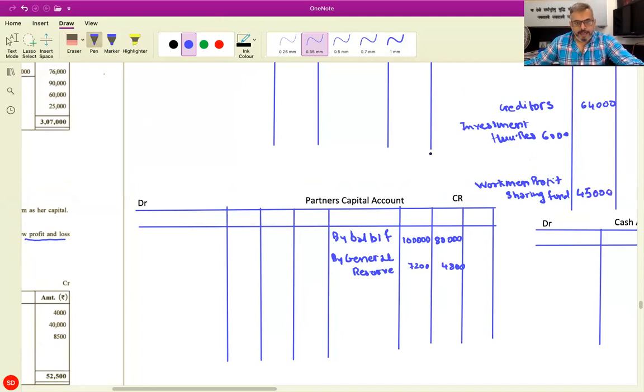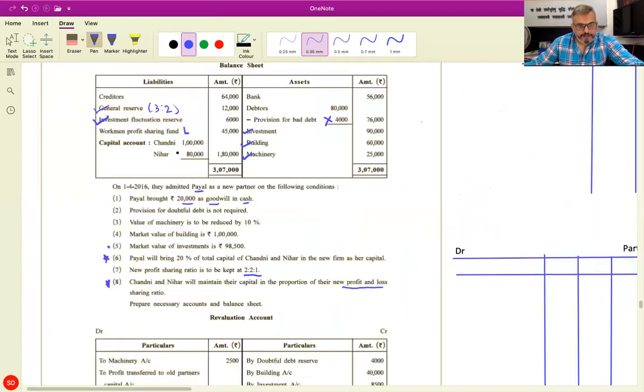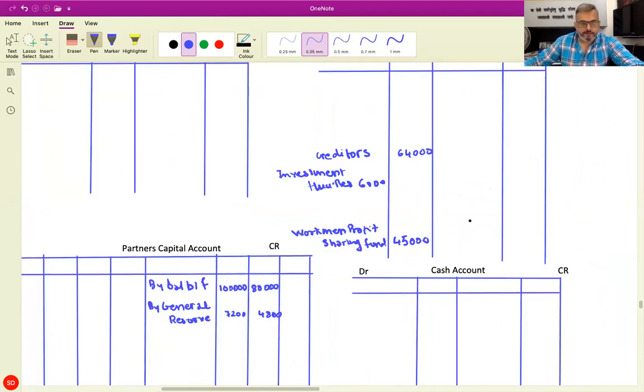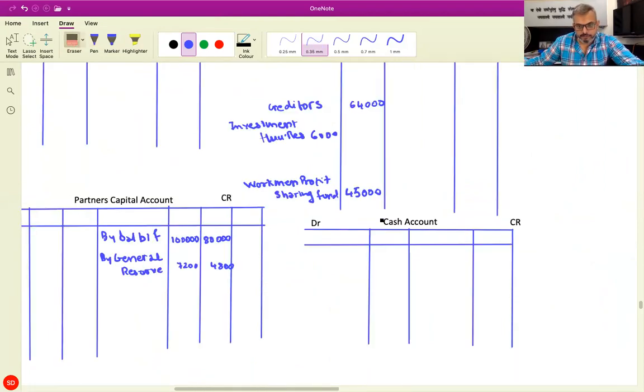Next, so liability side, everything done. Capital we have already transferred. Bank 56,000. So we go to bank account. Instead of cash, we have bank account.